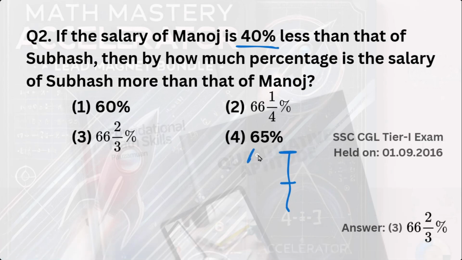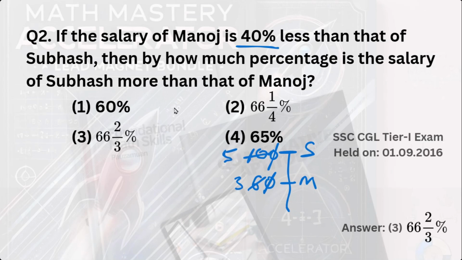The base is 100. 100 minus 40, that is 60. 60 is 40% less than 100. Manoj's is 40% less than that of Subhas. Cancel here: 2 by 3, or 6 by 10, 2 by 5 or 10.